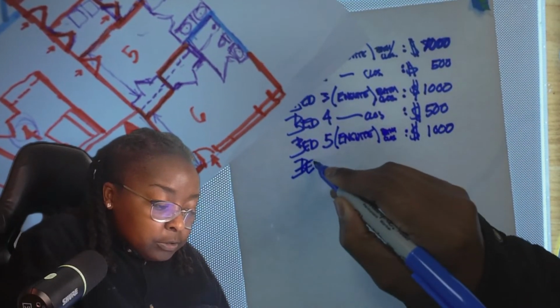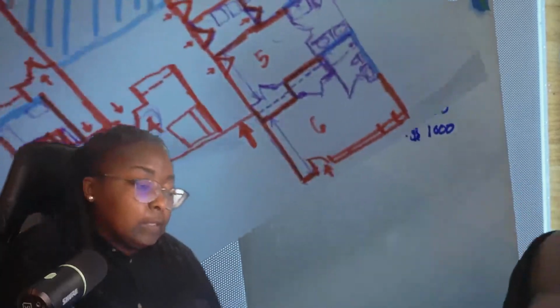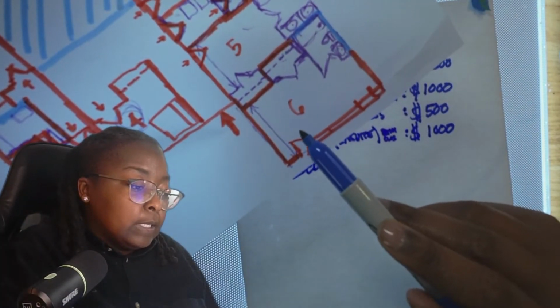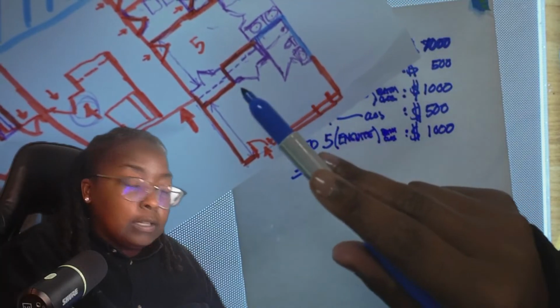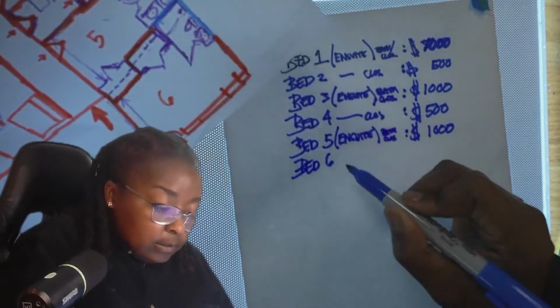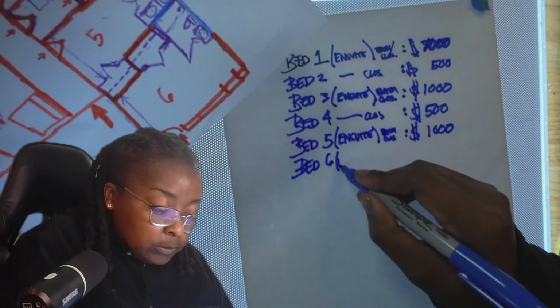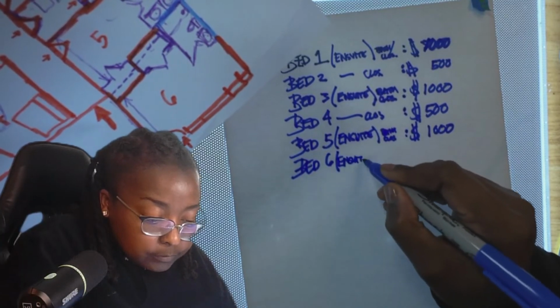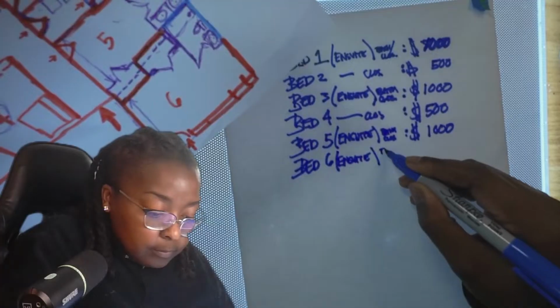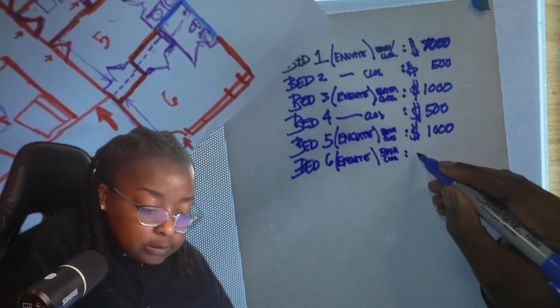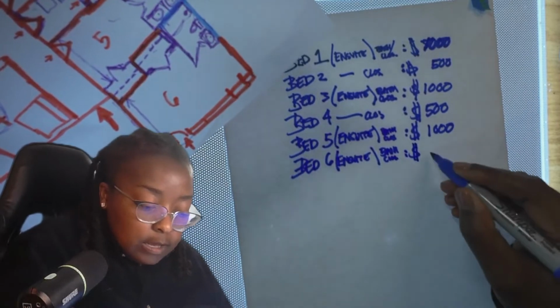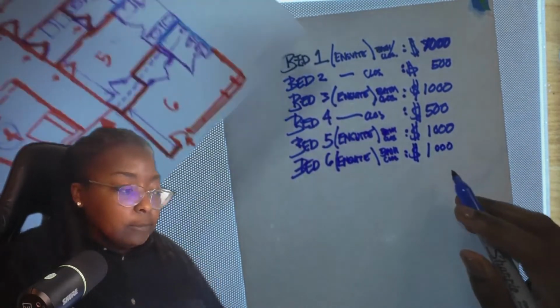Bedroom number six is the same. We're able to get the bathroom and closet as well. So that's also an en suite. So that puts us at another $1,000.